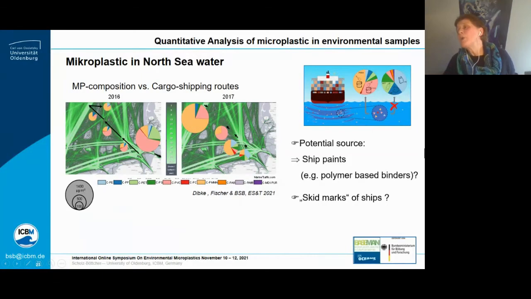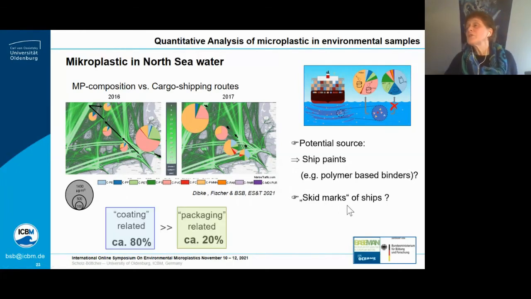And this makes us hypothesize that the potential source for these high plastic concentrations is not usually packaging or waste material, but ship paints. In particular, polymer-based binders, what we call the skip marks of ships.